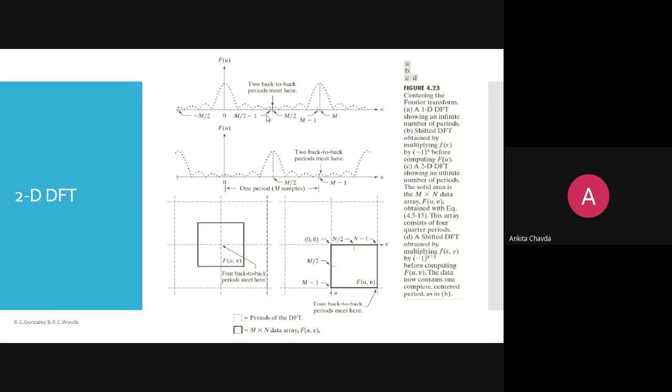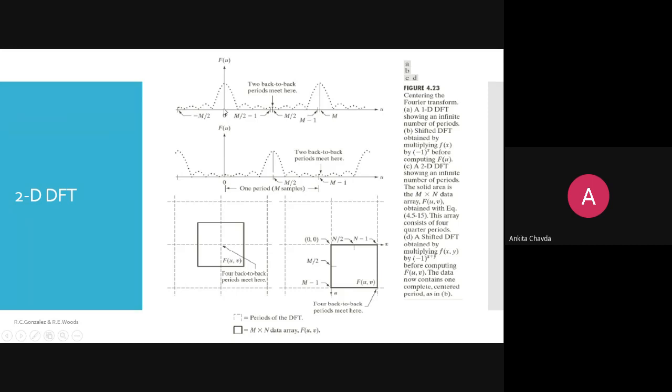Now I want to shift this, because generally in the spatial domain the origin starts from 0, 0. My very first sample will be at 0, 0, so I want to shift the whole thing over here.